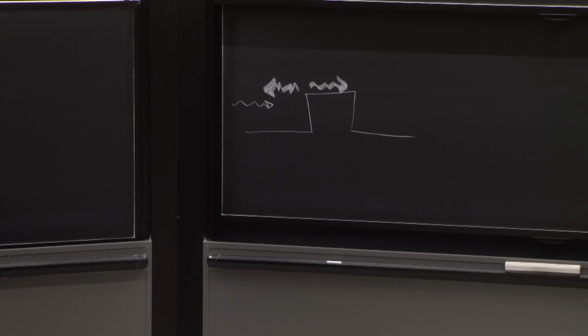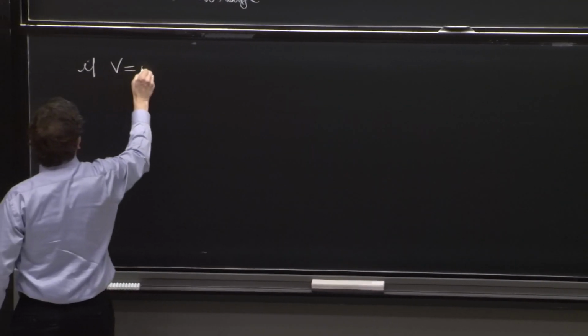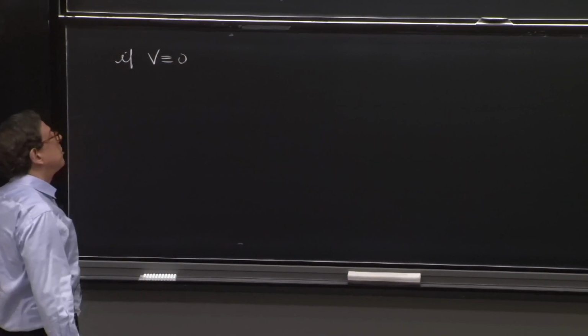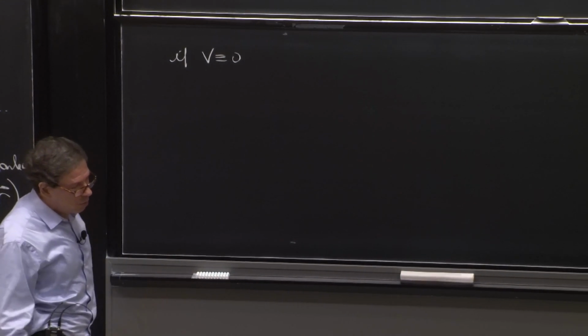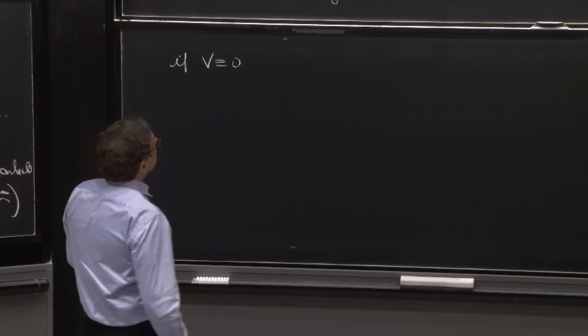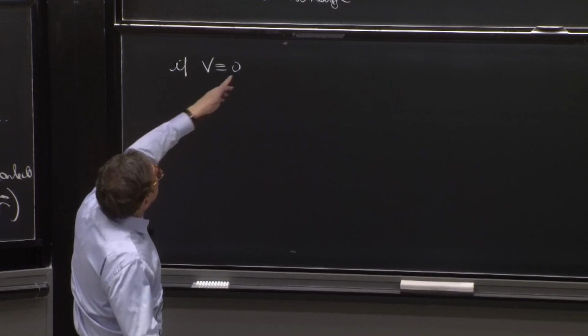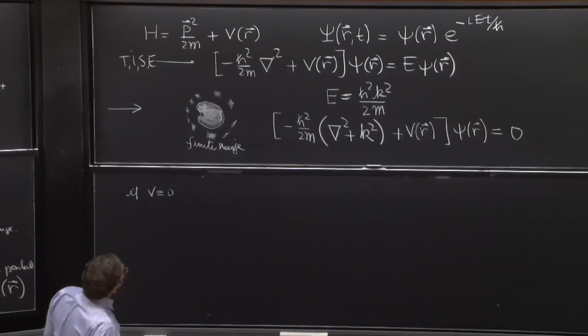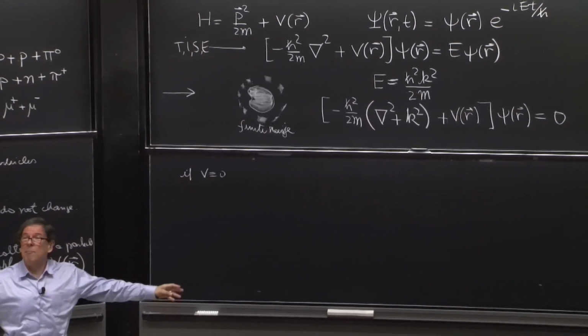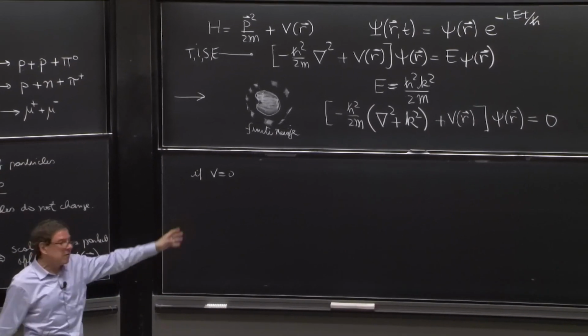So there's lots of solutions of that equation. If V was identically 0, if you had no potential, you could have lots of solutions because, in fact, without any potential, plane waves are always solutions, particles that move as plane waves.